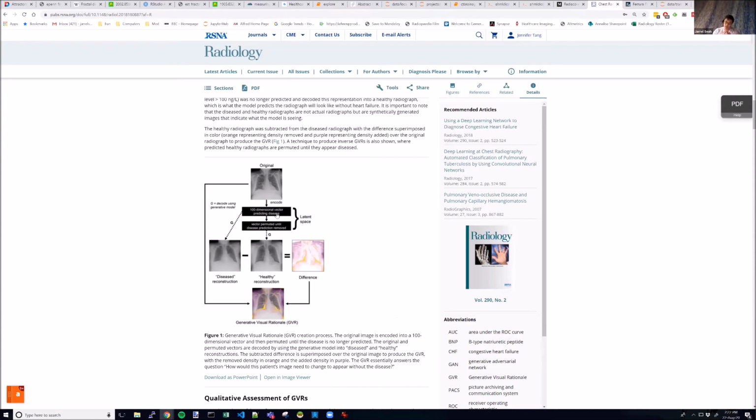Then instead of predicting directly off the image, you predict off the latent space representation of that image. The whole point of doing this is that now you can permute this latent space and say, all else being equal, how would this patient look if they didn't have heart failure? So you can take the same patient and redraw their x-ray without heart failure. And those two comparisons allow you to at least hone in a little on what the algorithm might be looking at.